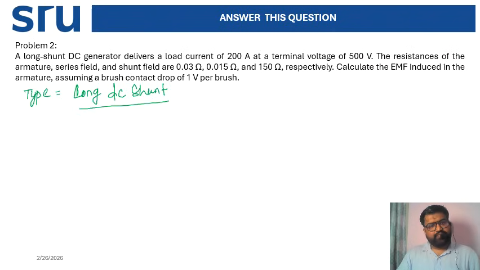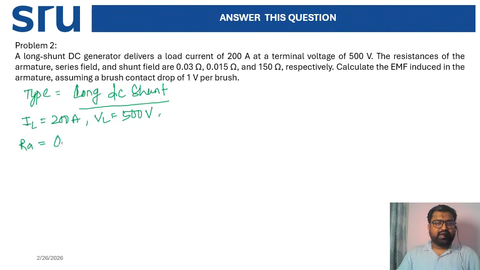Okay. Then a load current is given. Load current is given as 200 ampere at a terminal voltage of 500 volt. VL is given, 500 volt. The resistance of the armature, RA value, is given, that is 0.03.